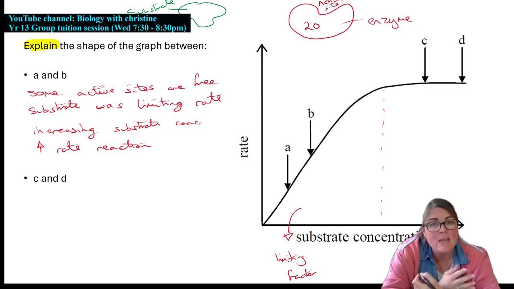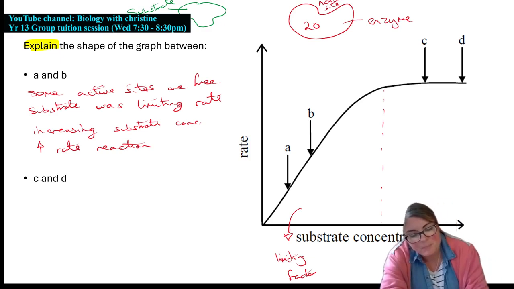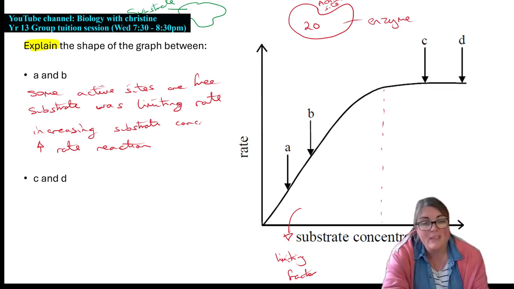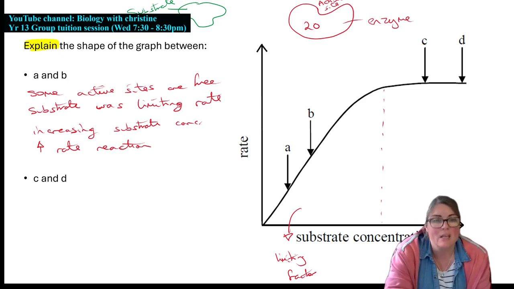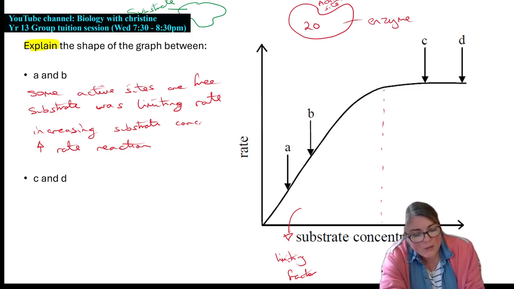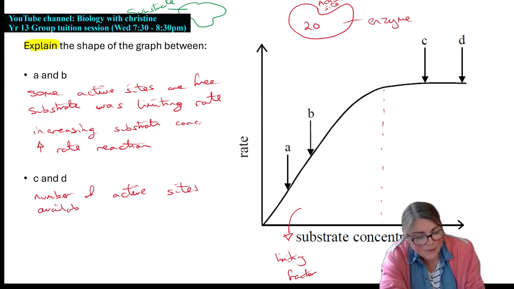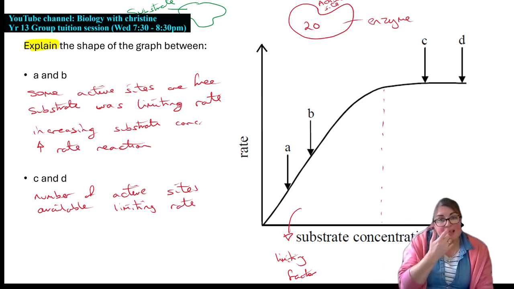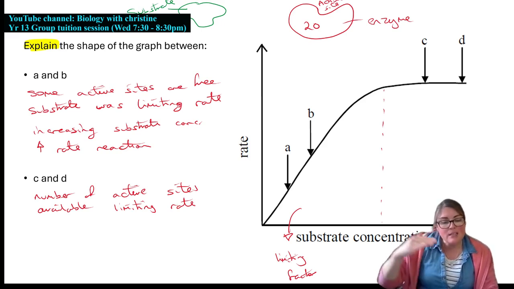Well, if I increase my substrate concentration, the minute that my active sites become filled, that therefore becomes the limiting factor. So the number of active sites available is limiting the rate. So the active site numbers now are limiting that rate, and that's why it starts to plateau off.